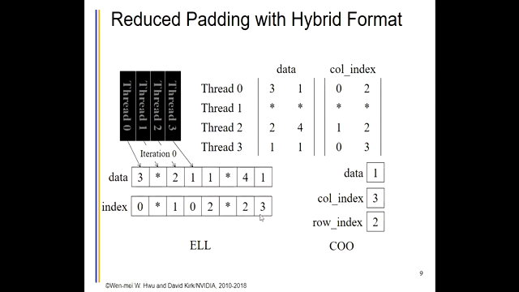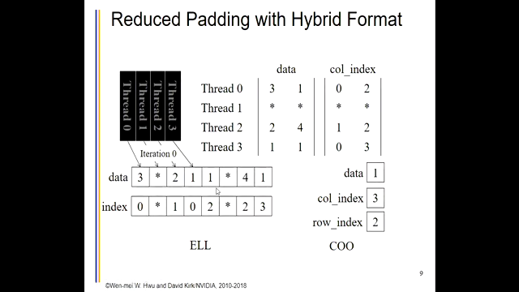If you go back to the example, we can remove one element from thread 2, from row 2. So row 2 only has 2 elements remaining in our ELL domain, and we take that single element of thread 2 and move it into the COO format.